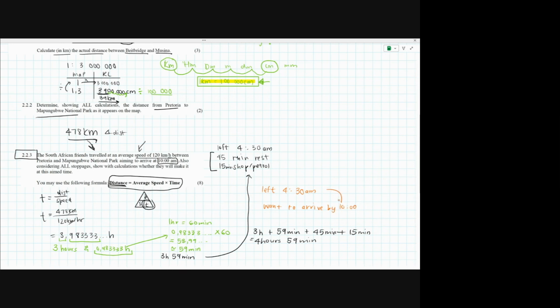And this is a total of 5.5 hours. If we now compare the 5.5 hours to the amount of time it actually takes them, they are going to arrive with 31 minutes to spare. And the question says, show with calculations whether they will make it at the same time. So yes, they will make it by 10 o'clock.